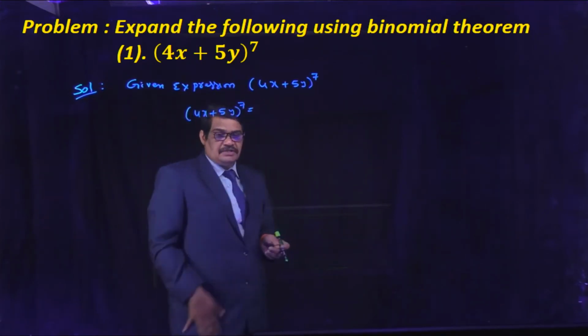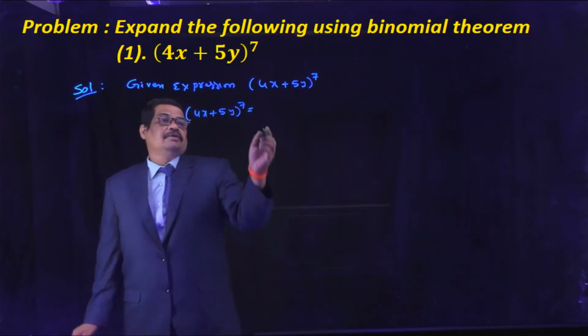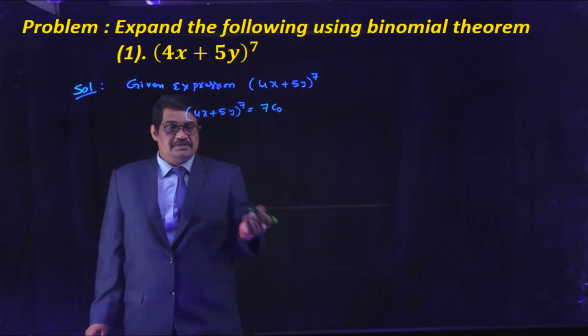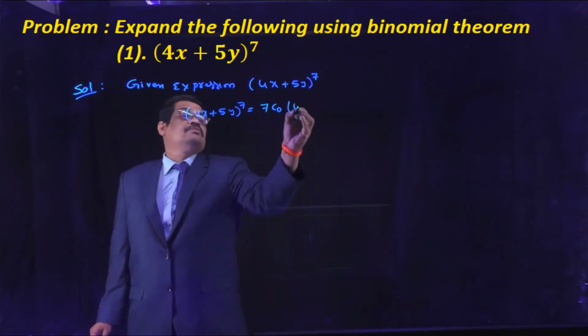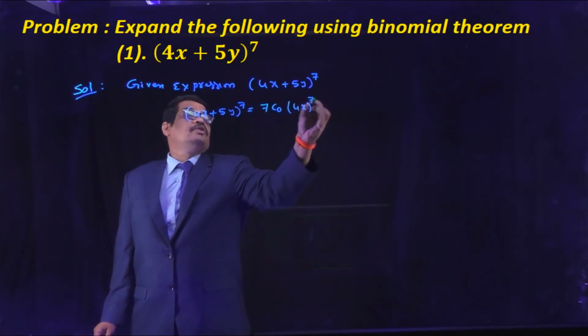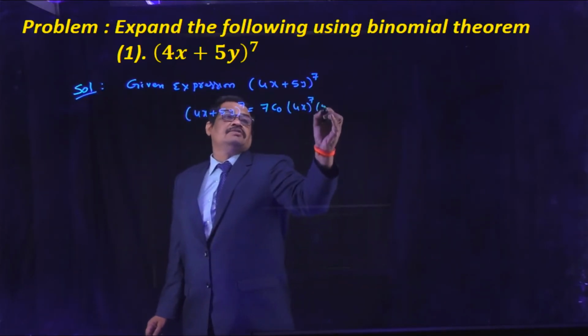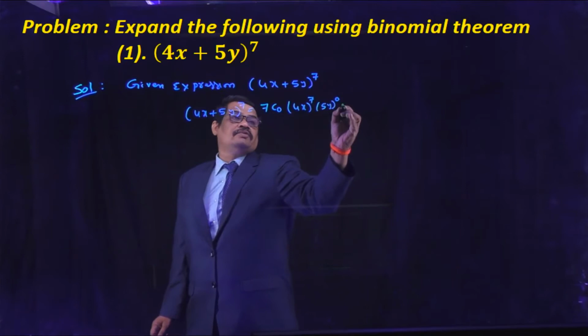Here the index is 7. We write the expansion: 7 C naught into the first term, 4x, whole to the power of 7, into the second term, 5y, whole to the power of 0.